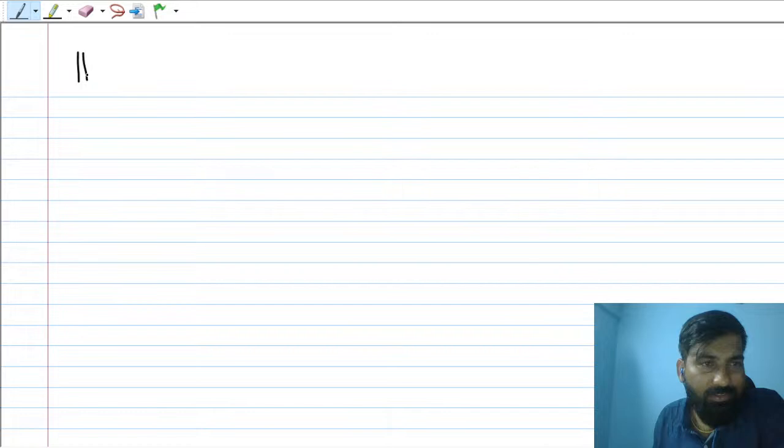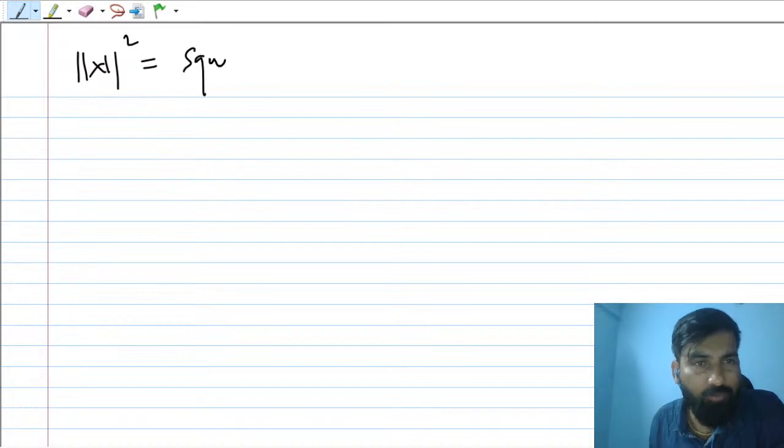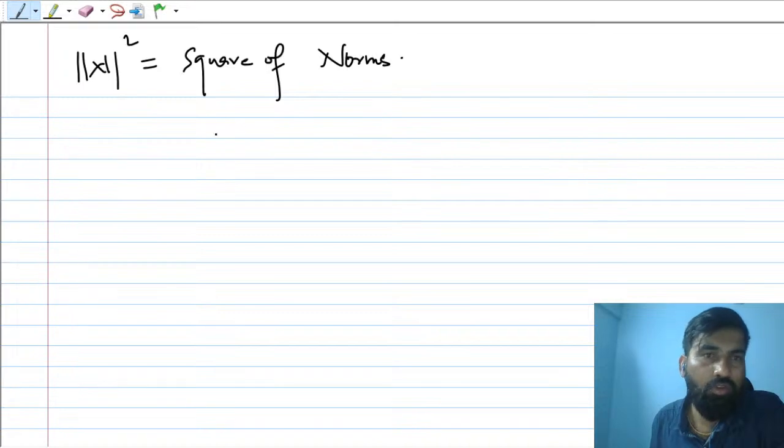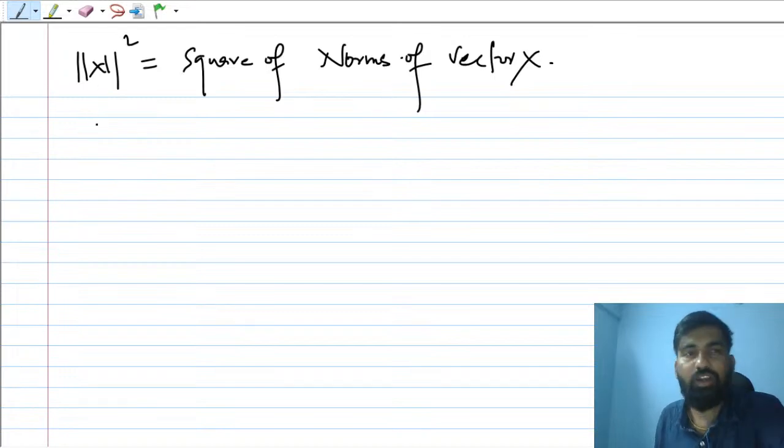If something is the norm of x squared, what is the meaning of the square of the norm? This is the square of the norm of vector x. What is the meaning of this? You know how to find norms.